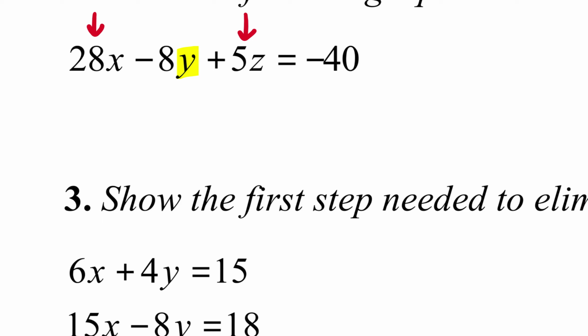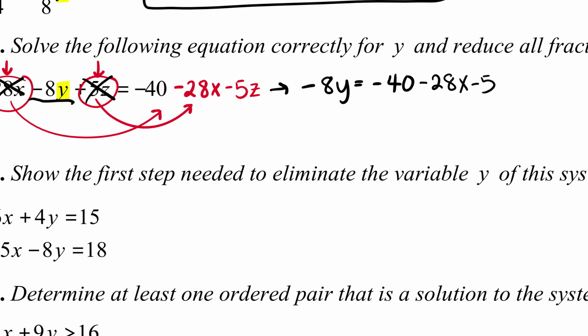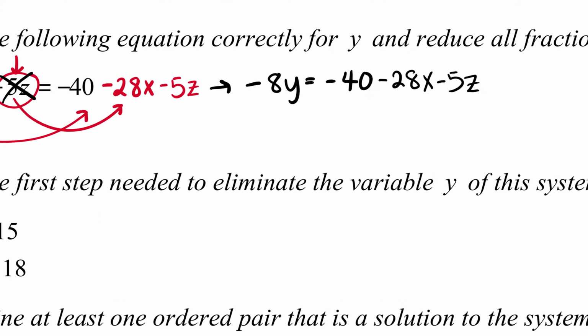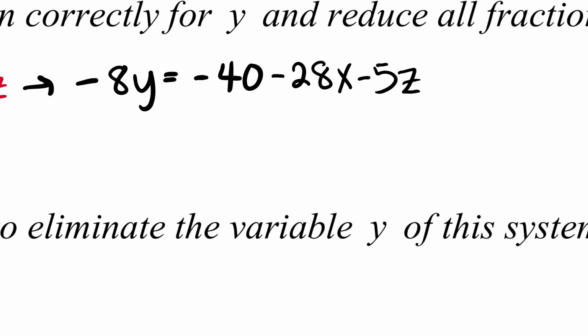So I have minus 8y equals, and I'm just going to write it in order, negative 40 minus 28x minus 5z. Okay, now my last step for this, of course, I want to get rid of that negative 8, so I'm going to divide everything over here by negative 8.